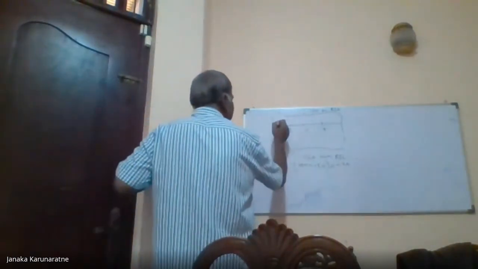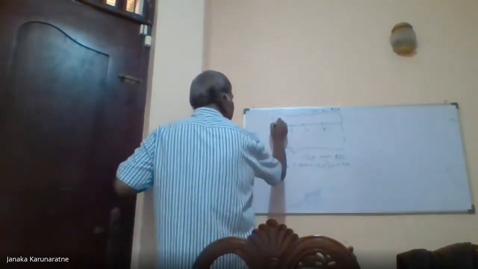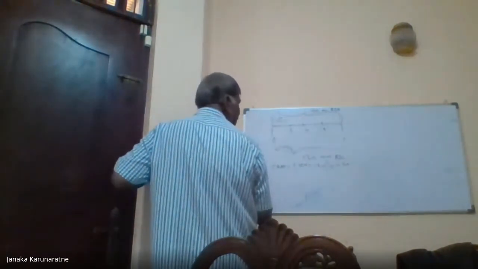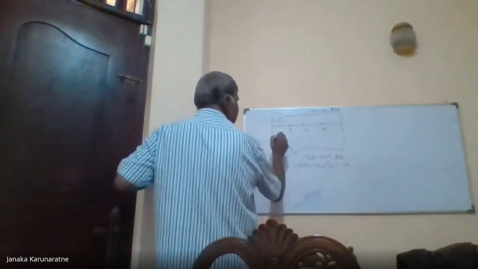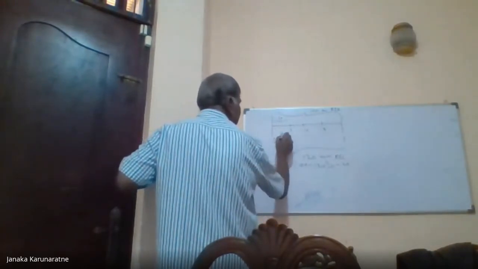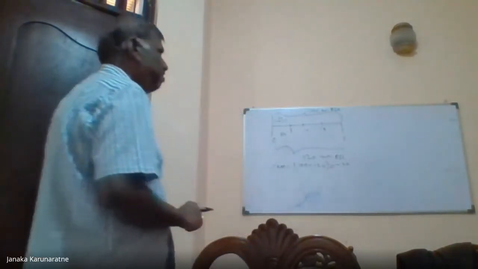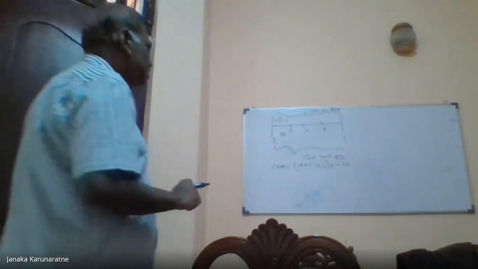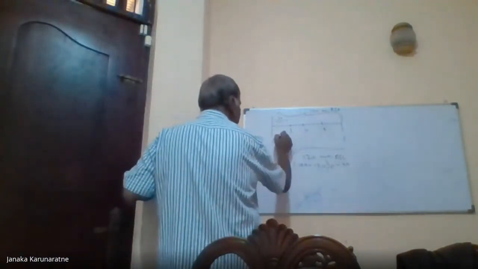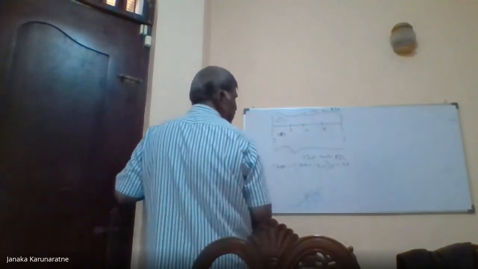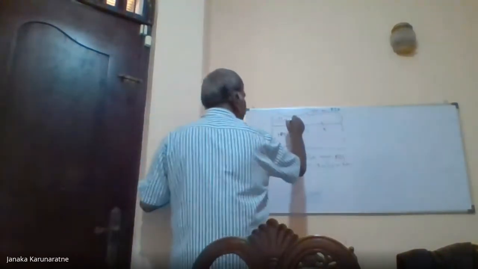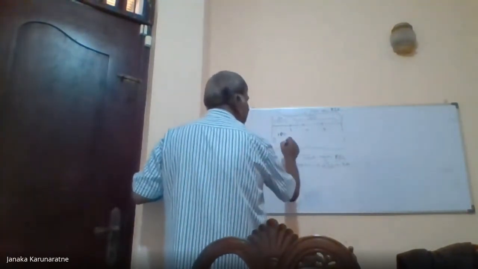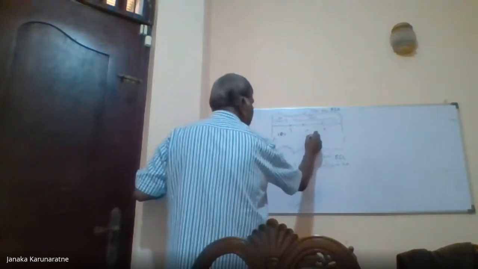Out of this 100 million, within the first 3 months there is 20 million in assets and 100 million in liabilities. Then for the balance 9 months together, we have 80 million in assets and 20 million in liabilities.